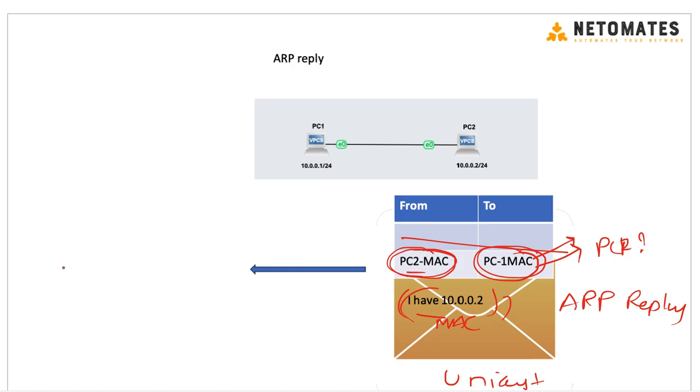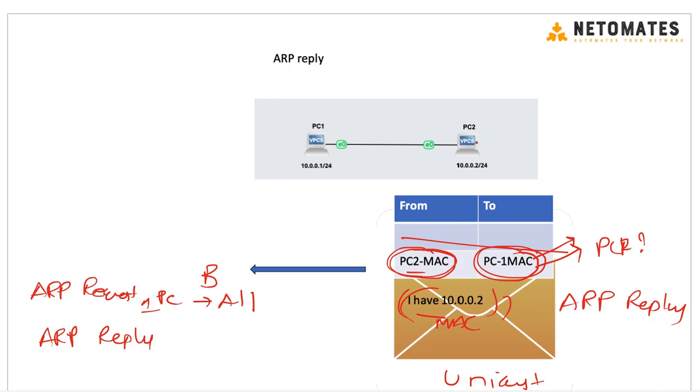So the ARP request is a broadcast. The request will go from one PC to all the PCs. ARP reply, only the machine which has this IP will reply back.